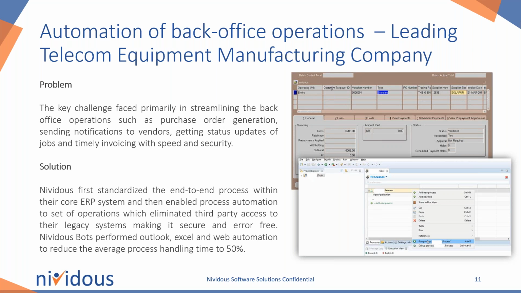And so this task, as I said, involved receiving emails and email attachments, updating that information into Excel between internal users and vendors, and also within their SAP system as well.